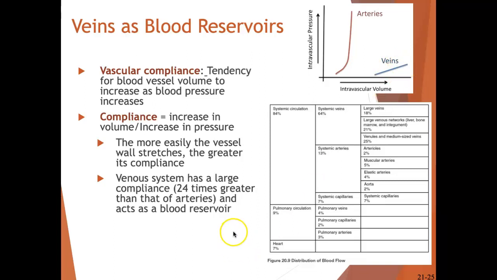So it's more easily going to allow for stretching in that vascular wall, and that leads to greater compliance. The venous system has a large compliance, about 24 times greater than the arteries. So that's why we call it the blood reservoirs.